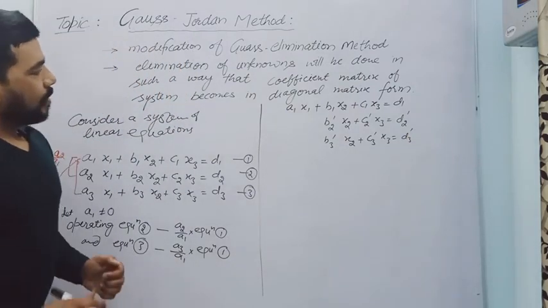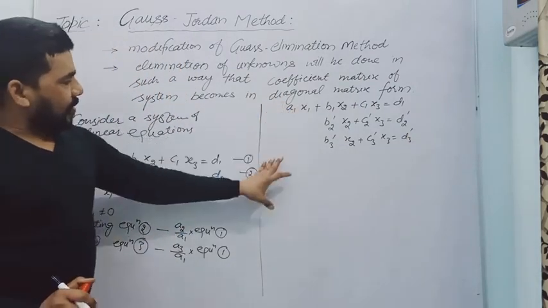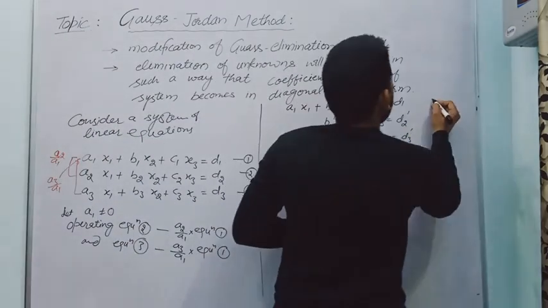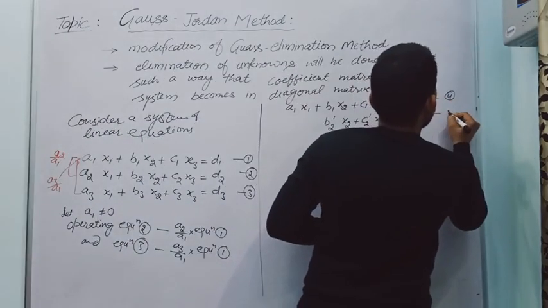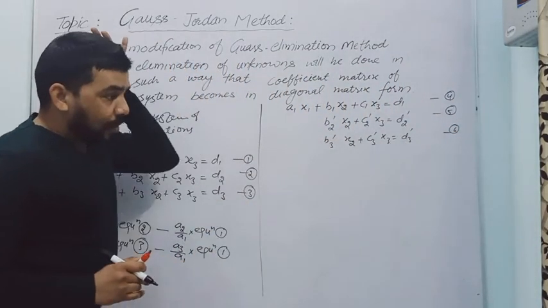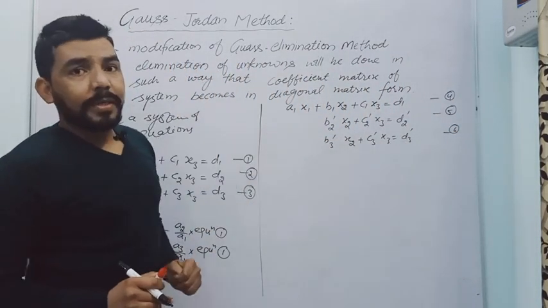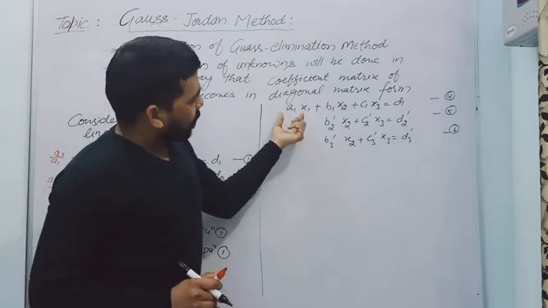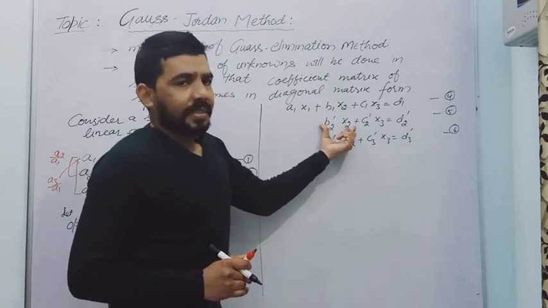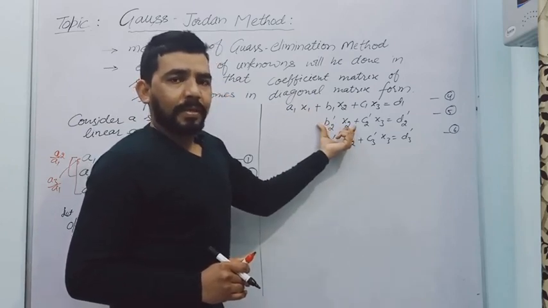Now the system, I have this one. I can say this is 1, 2, 3, and this is 4, 5, 6. So what do I do now? You have to convert it into the diagonal form. For the diagonal form, you have the leading term of the first equation, and now I want this leading term to be present in the system.